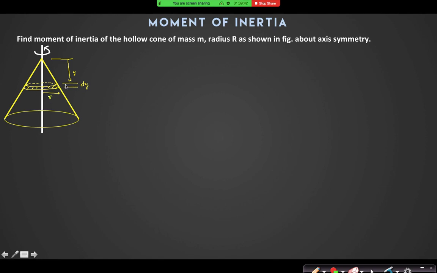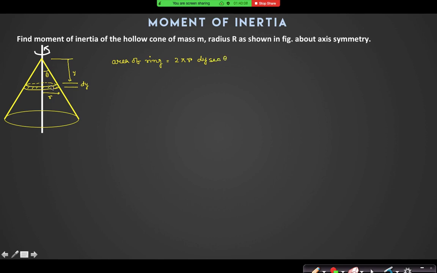What can I say about the area of that ring? 2 pi r into dy. Is it dy? No, sir. There will be a sine theta term as well. Or dy cosec theta? dy sec theta. Yes, sir.